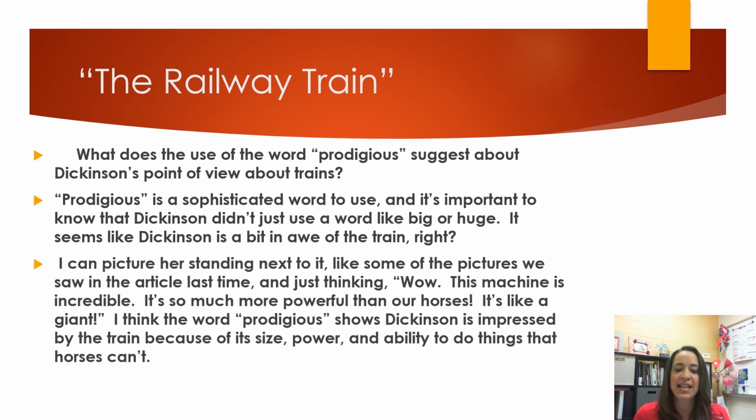I can picture her standing next to it, like some of the pictures we saw in the article last time, and just thinking, wow, the machine is incredible. It's so much more powerful than our horses. It's like a giant. I think the word prodigious shows Dickinson is impressed by the train because of its size, power, and ability to do things that horses can't.